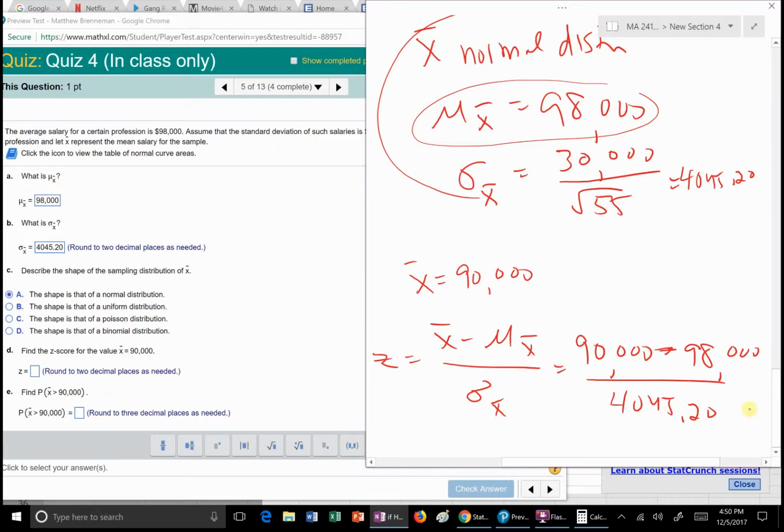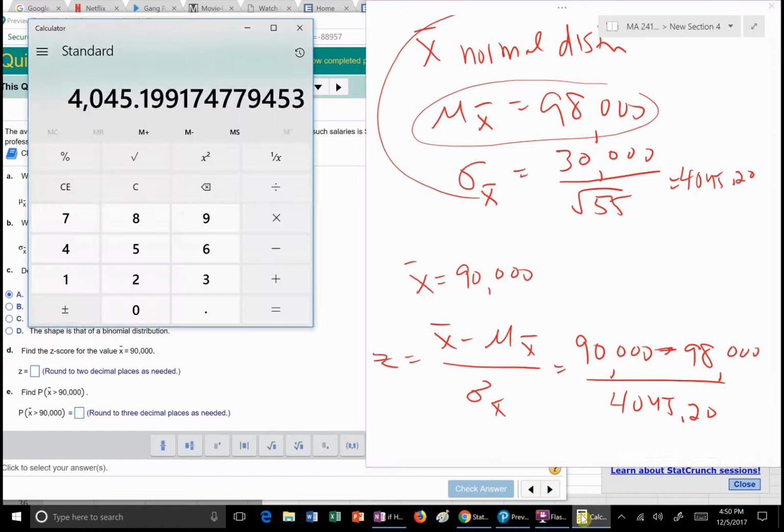And we can go ahead and compute that out really quickly here. I'm just going to take the reciprocal of this and multiply it by 8,000, and change the sign. So the z-score is going to be roughly, rounded to 2 decimal points, minus 1.98.